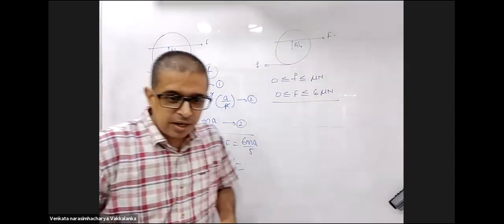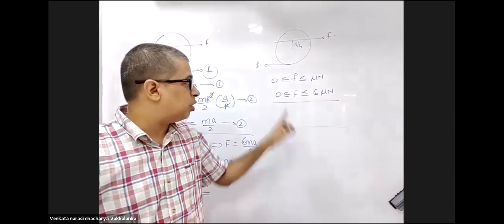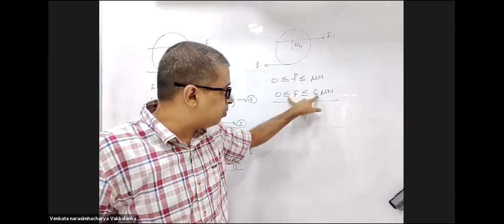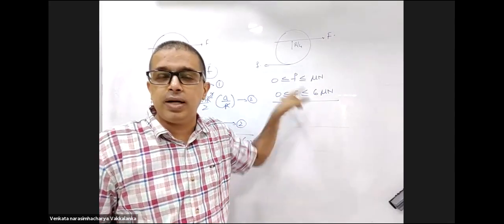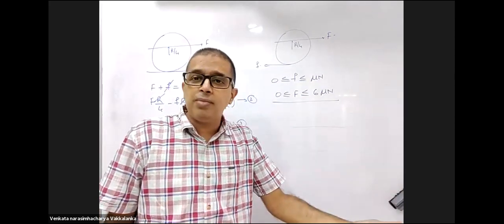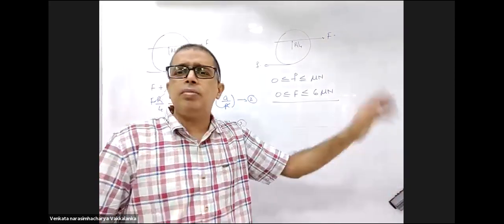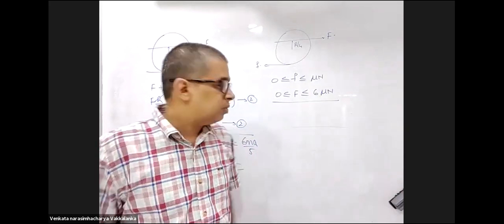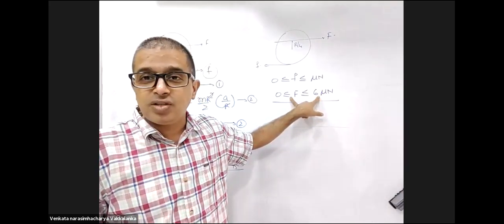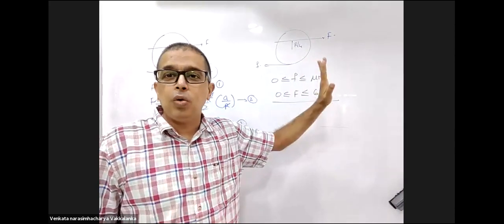Did you understand now how they will set the match the column? They'll give you different values of F. Some will be between 0 and 6 times mu(n). Some will be beyond 6 times mu(n). A force beyond 6 times mu(n) cannot make the body roll. But between 0 and 6 times mu(n), the body will roll.